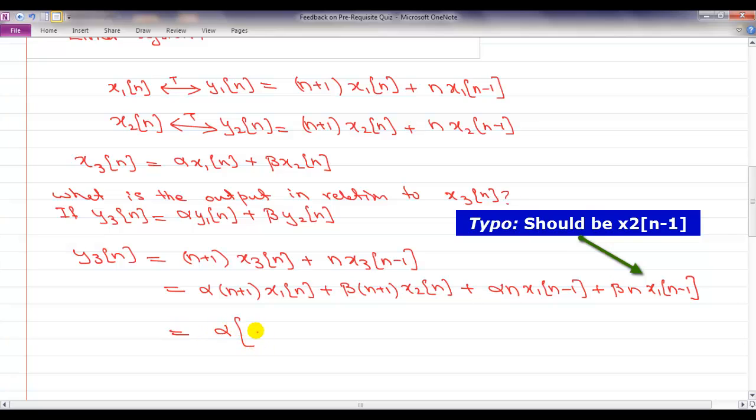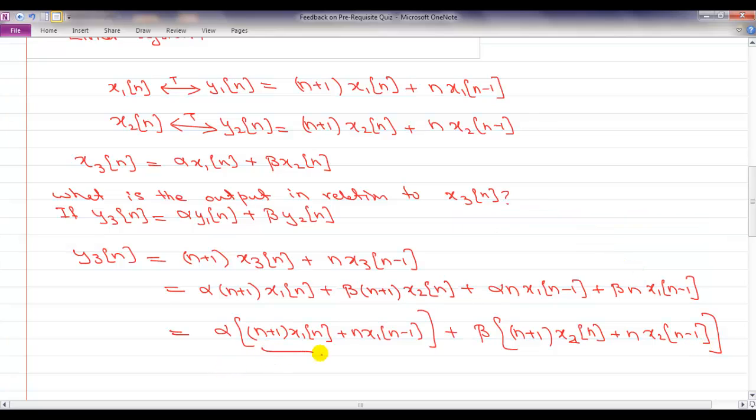And now I combine the alpha and beta terms together, so I get alpha times [(n+1) x1[n] plus n times x1[n-1]] plus beta times [(n+1) x2[n] plus n times x2[n-1]]. Now if you notice, this is nothing but y1[n], and this is nothing but y2[n].